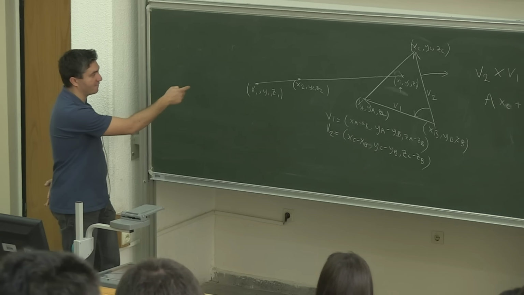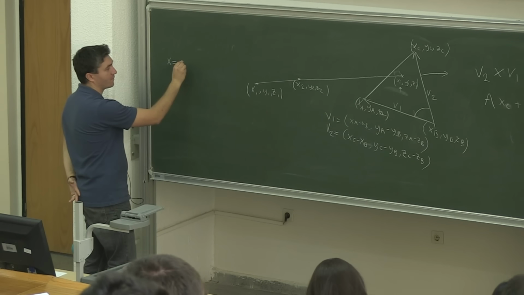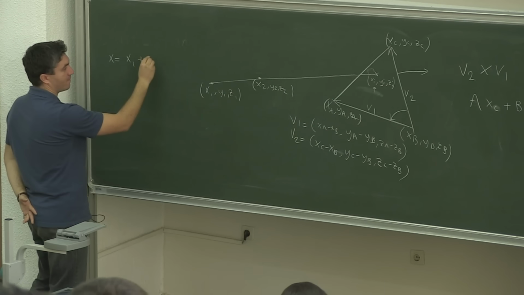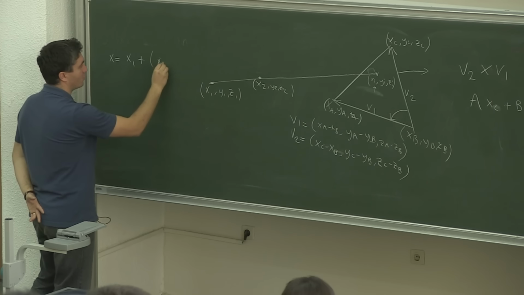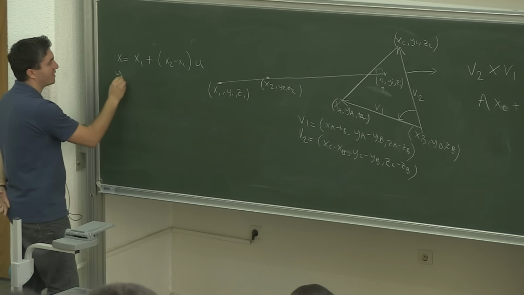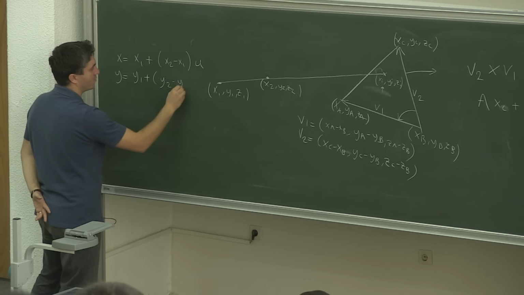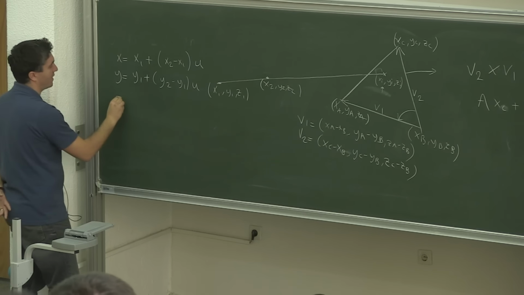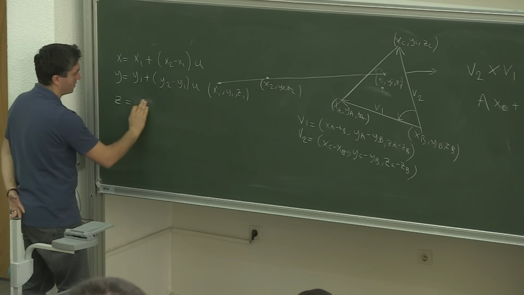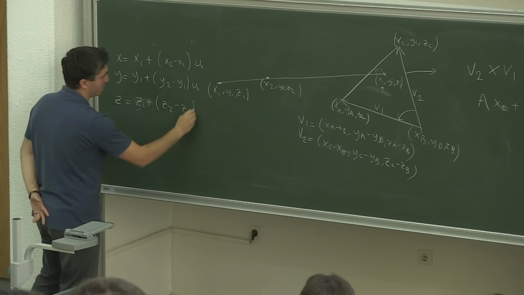So we are going to indicate our line as x is equal to x1 plus x2 minus x1 times u, and y is equal to y1 plus y2 minus y1 times u, and z is equal to z1 plus z2 minus z1 times u.